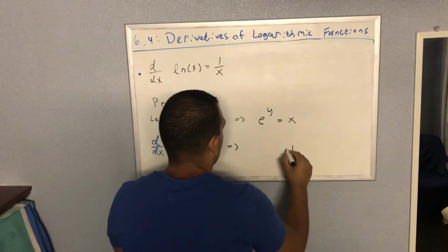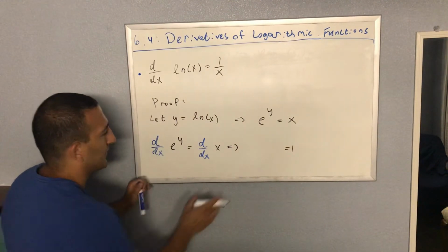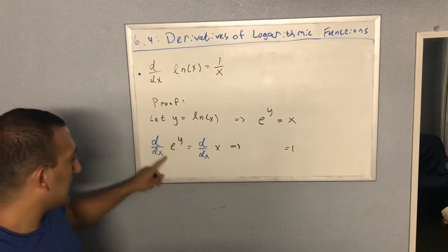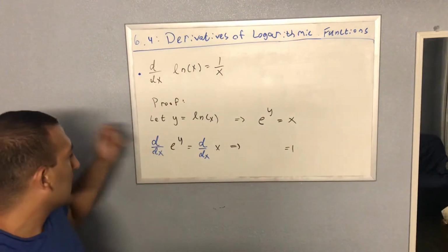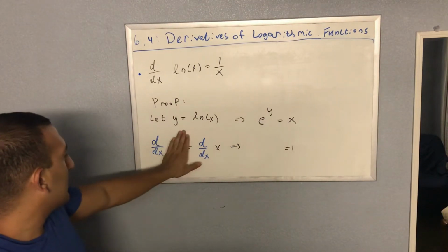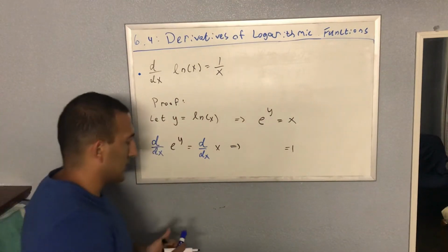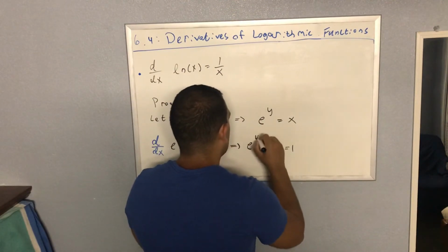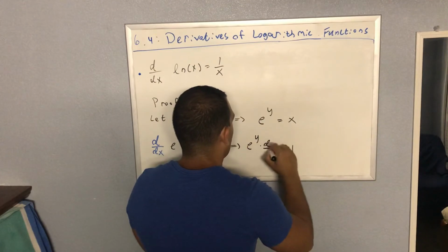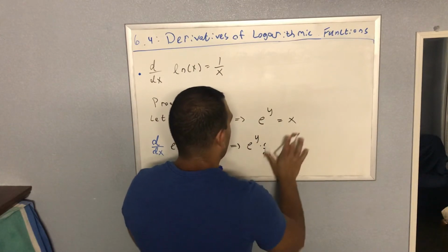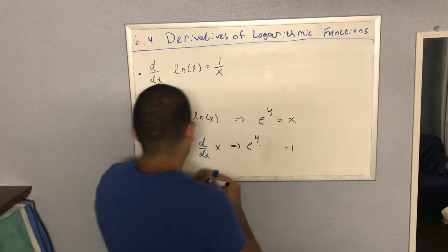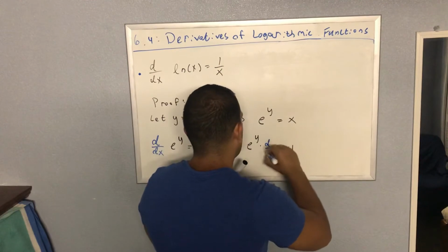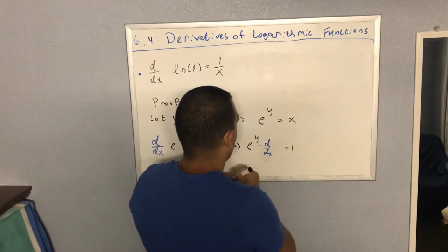And to take the left derivative, we need to use the chain rule. The derivative of e to anything is itself, so it's e to the y, but because of the chain rule, we multiply by the derivative of the thing we were covering up, which is y, so times d over dx of y.